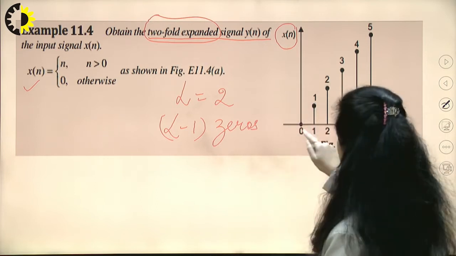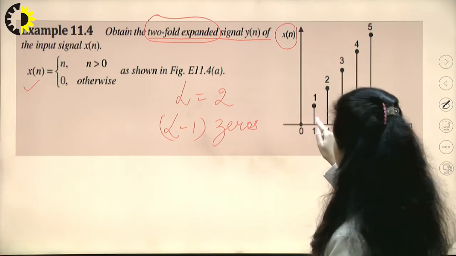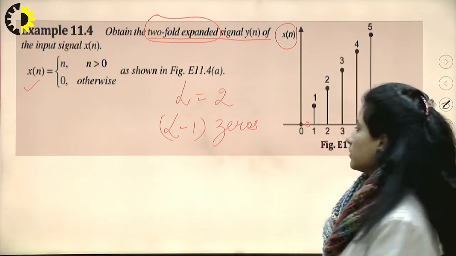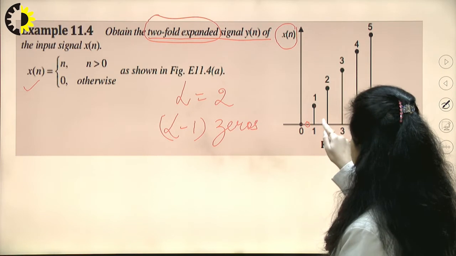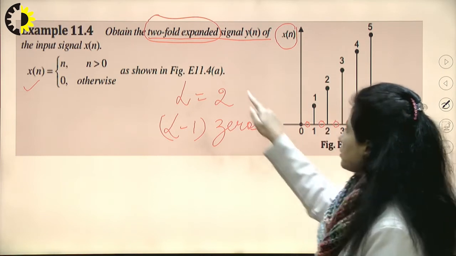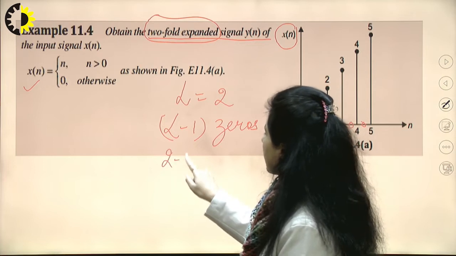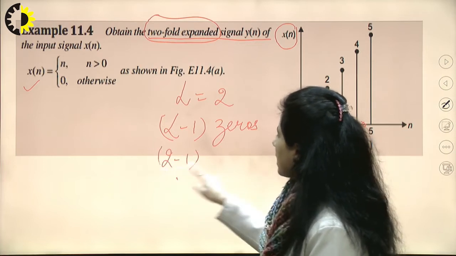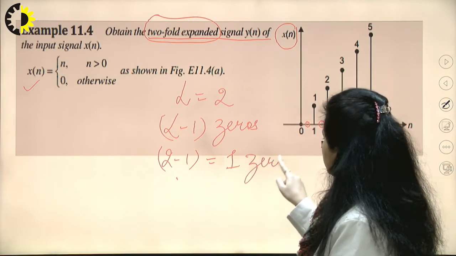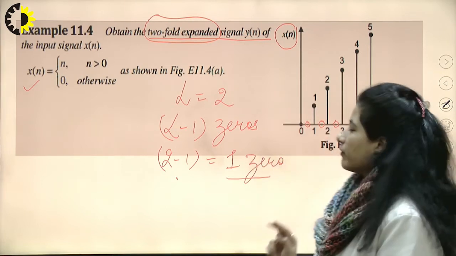So if I talk about these two samples, x0 and x1, I would introduce a value 0 here, and similarly between the next two samples, and so on. Since L is 2, 2 minus 1 is 1, so I have to introduce one 0 between each pair of samples.